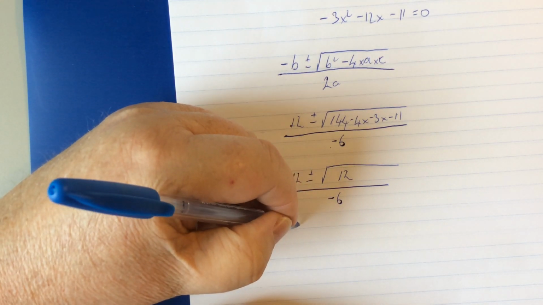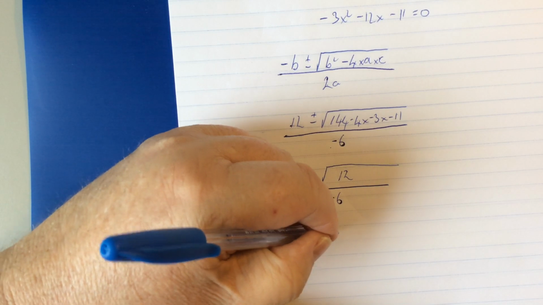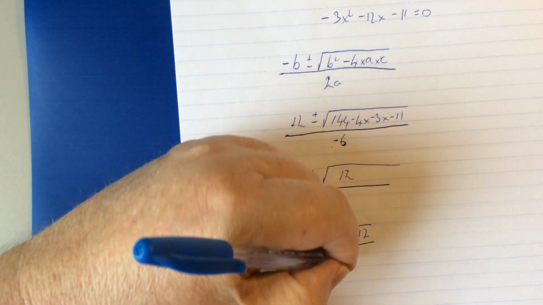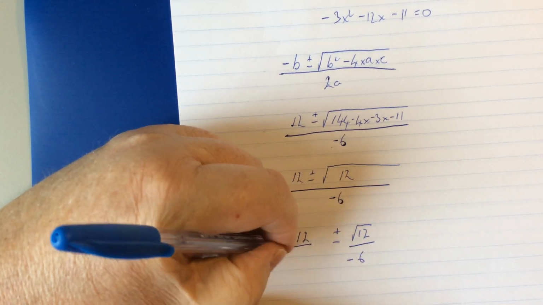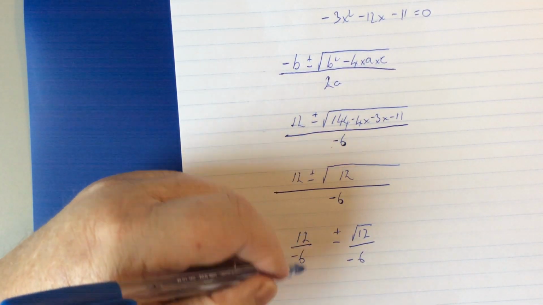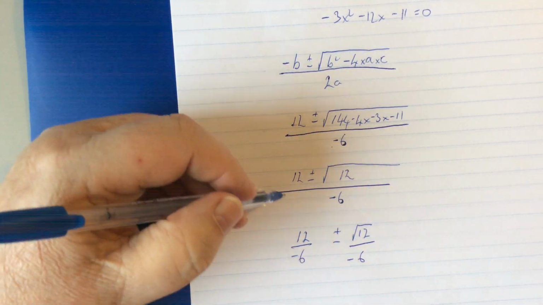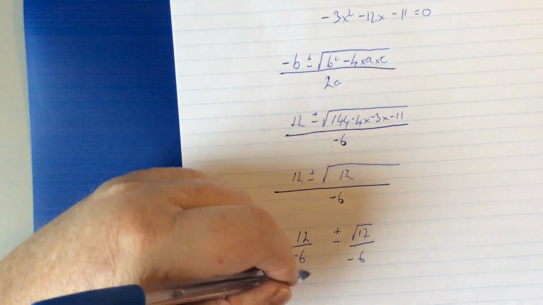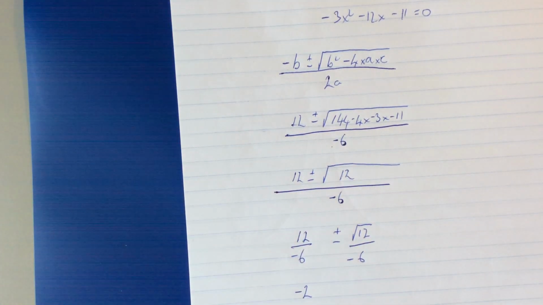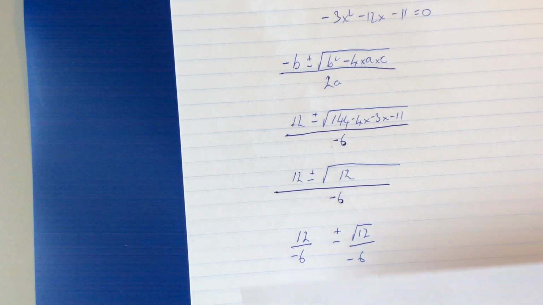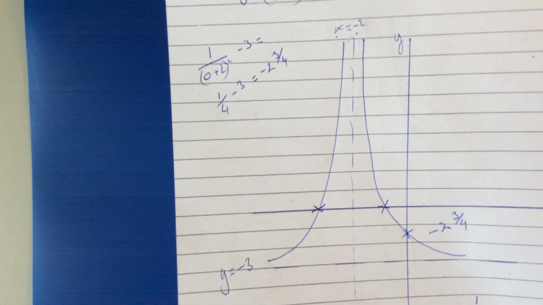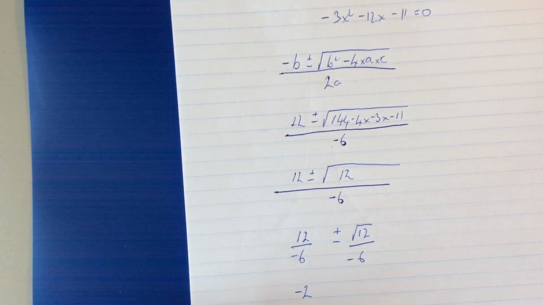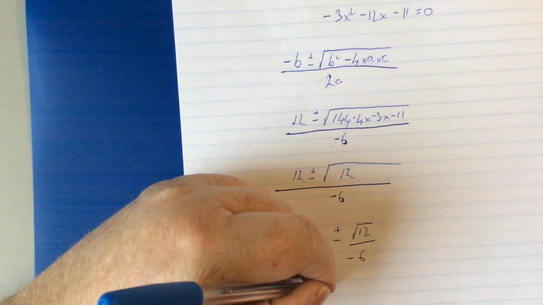Let's bust this up into parts. This makes things a little clearer. The negative 6 is dividing all of this, so we can just bust it up like this. So that gives us negative 2. That's our asymptote. And just to come back to this a second time, there is our asymptote at x equals negative 2.